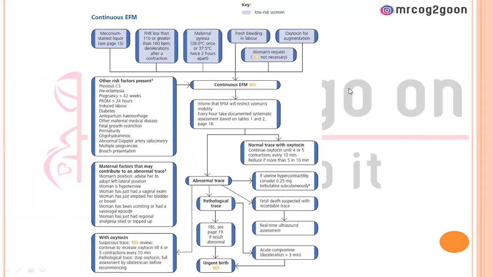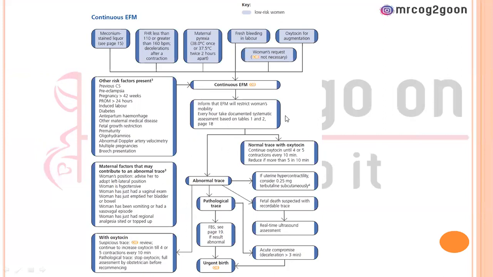You can screenshot it, or I will, inshallah, upload the guideline to the group. Continuous electronic fetal monitoring informs that it will restrict her mobility, and every hour document a systematic assessment.